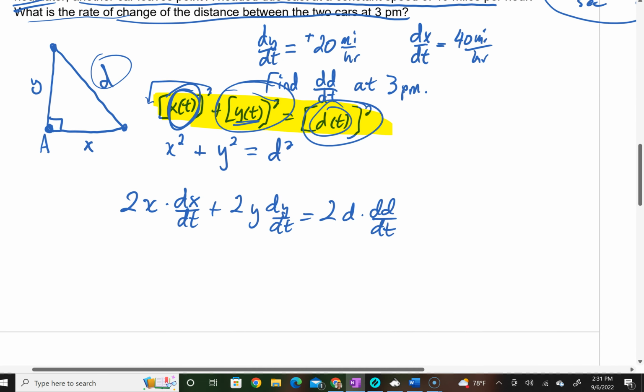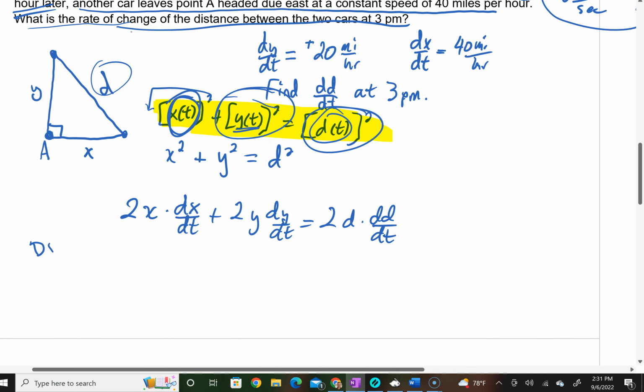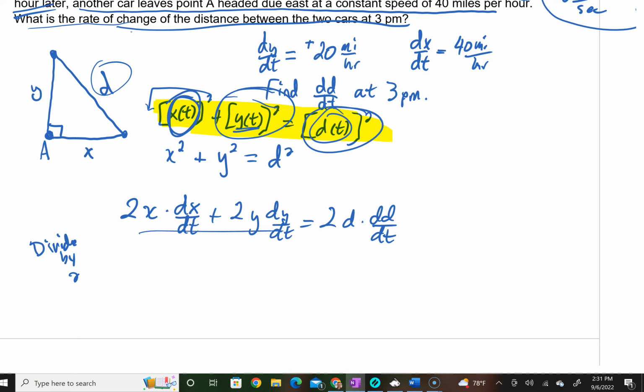Well, once we get here, I'm going to make a nice suggestion to divide by 2. Divide everything by 2, both sides. Do you have to do this? No, certainly don't. But wow, it makes life so much easier. Look at this. We've got all that.